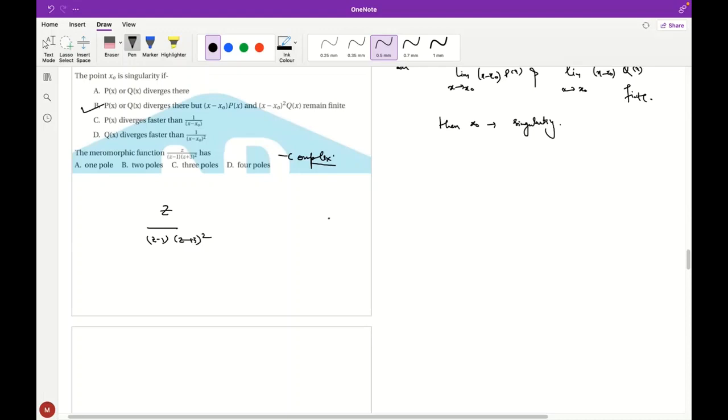The definition of a pole is that the limit z tending to z naught of (z minus z naught) into f(z) is finite and not equal to 0. Then z naught will be a simple pole.